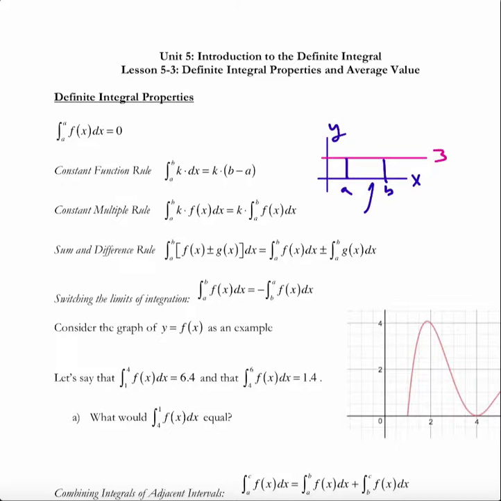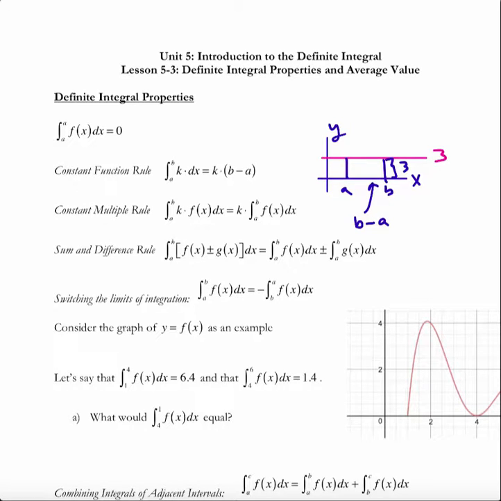And its base here is going to be b minus a, and its height right here is going to be whatever the value of that constant is, in this case, 3. And so it's no surprise then that the area of that rectangle will be the base of it times the height of it, so you will have this situation right here.